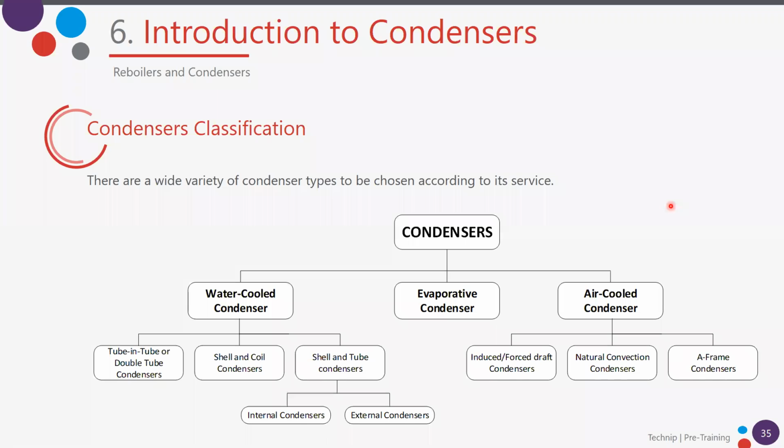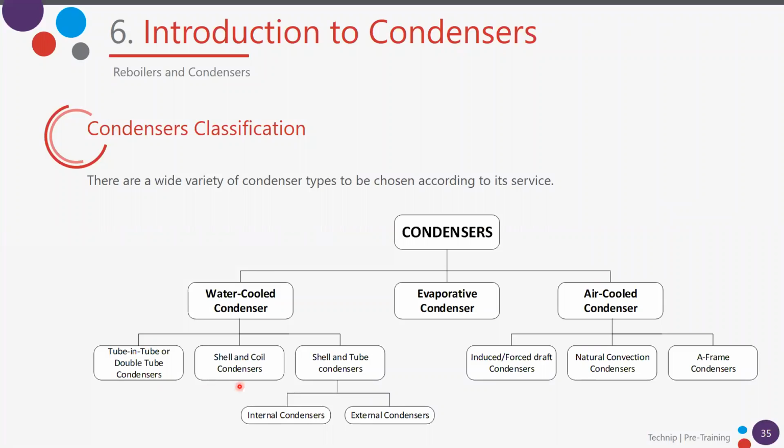And well, there are a wide variety of condenser types to be chosen according to the service. This is a graph where you can see all the different condensers we can have in the industry. We can have the water-cooled condenser with double tube condensers.